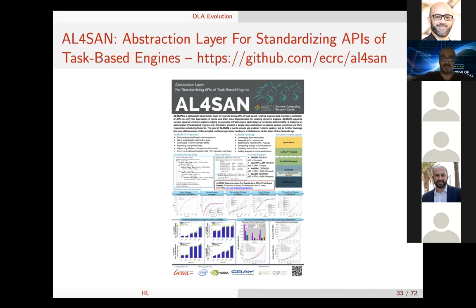LA4SAN under the hood calls the runtime of interest for you. You just write your code once with LA4SAN, and LA4SAN takes care of making the right translation to the proper runtime. So you write once, and then you can run with PaRSEC, with OpenMP, with StarPU, and many of those runtimes that are out there.